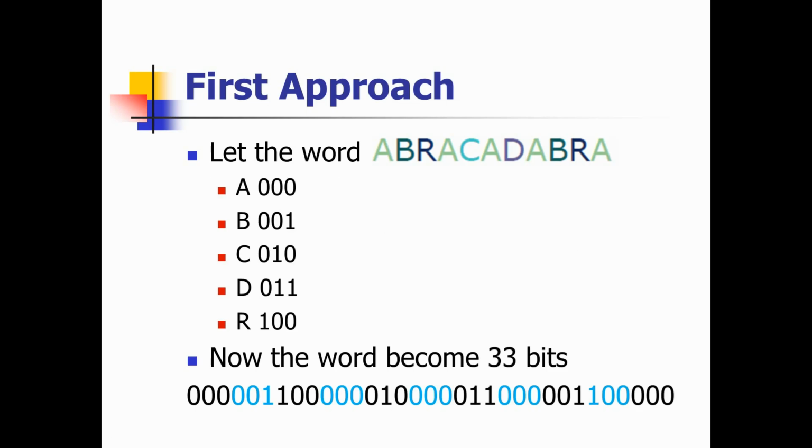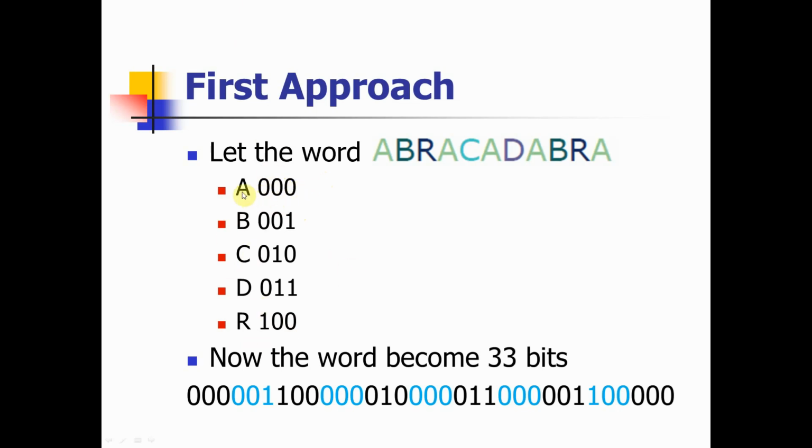So take a look at this. Since we have 5 different words, we need 3 bits. If we only have 4, we only need 2 bits, which is going to save even more space. But since we have 5 different characters over here, we create a code. So this is like a treasure hunt kind of coding system.